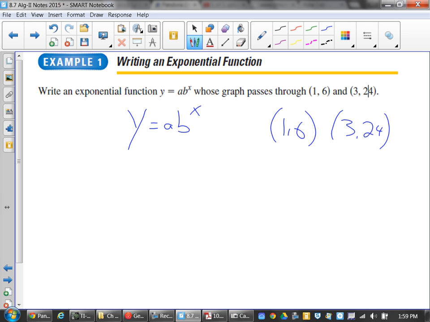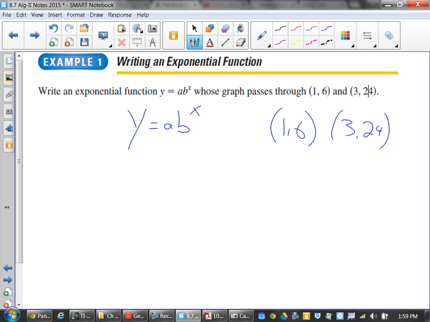Just like we did last time when we had a system of equations, we're going to do the exact same thing, but in this case it's a lot easier because there's no adding and subtracting. It's going to be direct substitution.